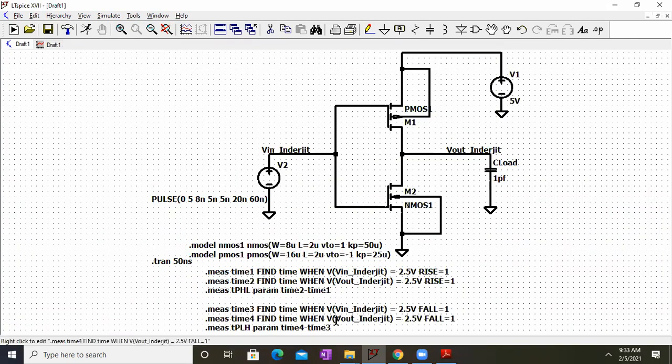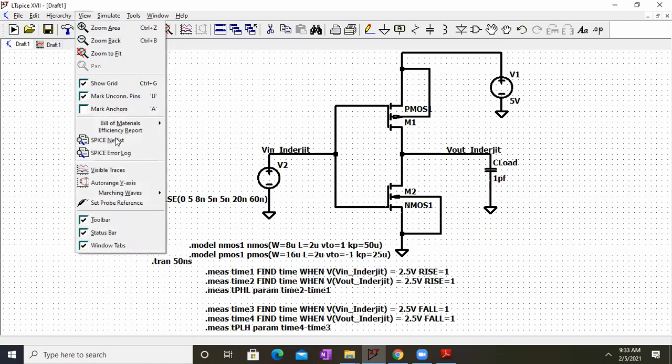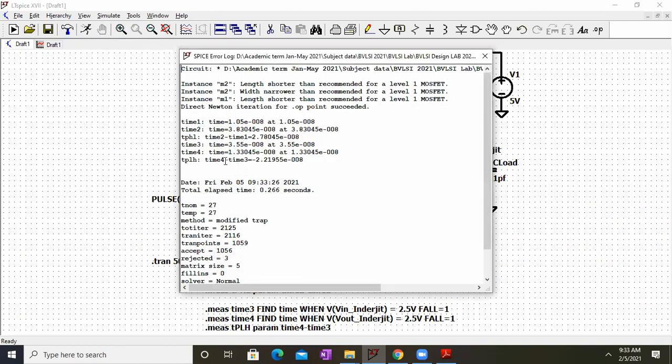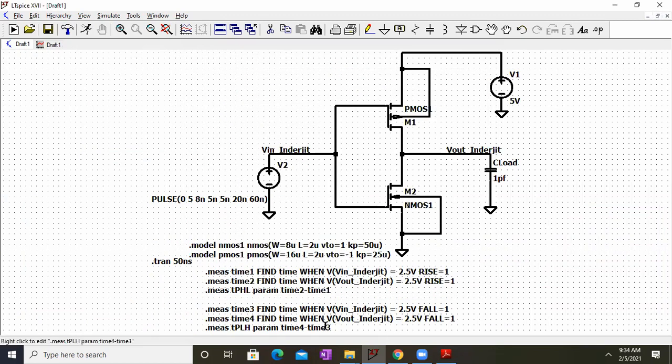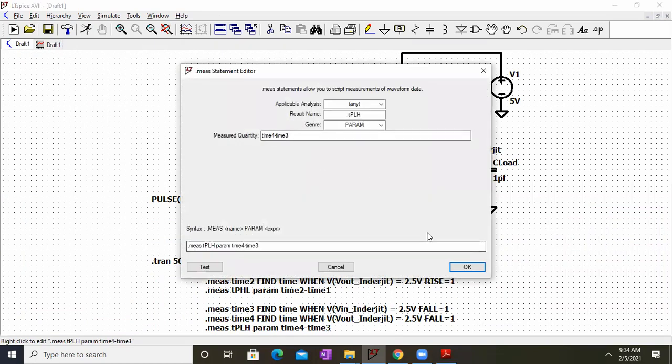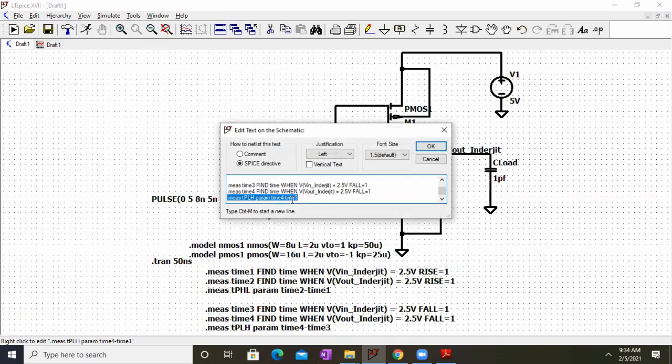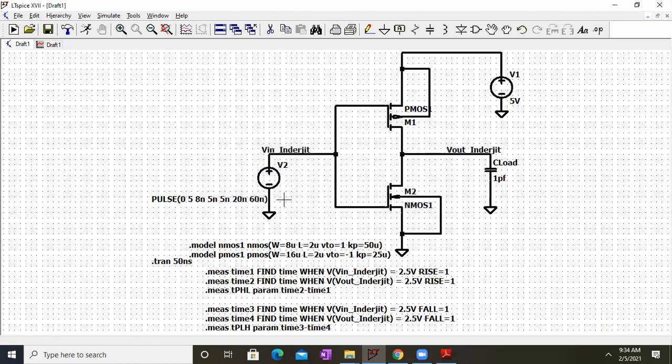Okay, this will be time. I think there is some problem. This should be time 4 minus time 3. Actually, this will be time 3 minus time 4. Sorry. Let me change that, time 3 minus time 4.